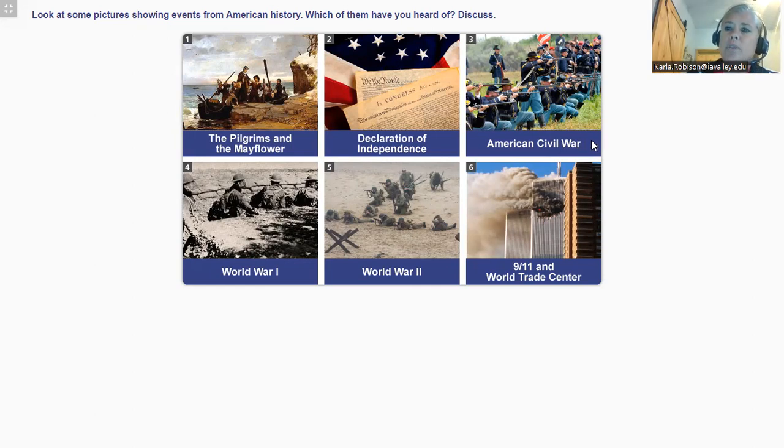This is when the argument started, along with other things. The South, which was Virginia, West Virginia, Kentucky, Alabama, Texas, Louisiana, Georgia, Florida, North Carolina, South Carolina, wanted to secede from the United States, to remove themselves from the United States of America because they wanted to continue slavery.